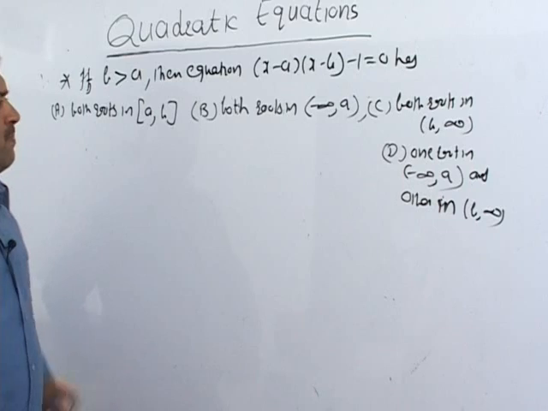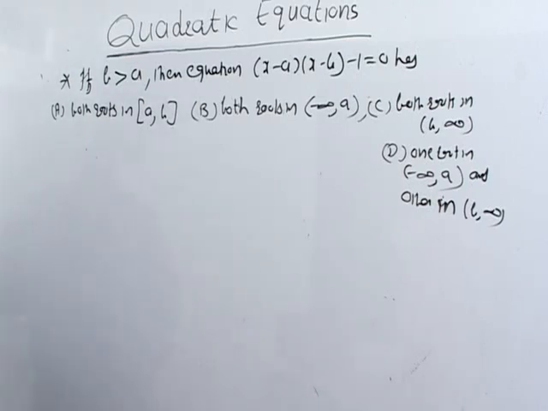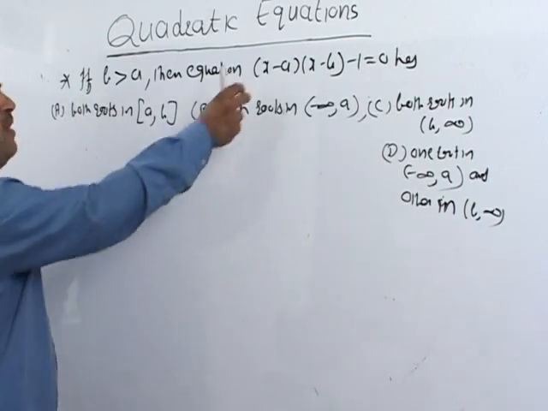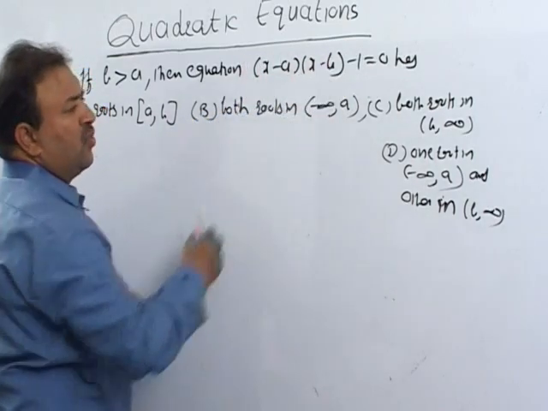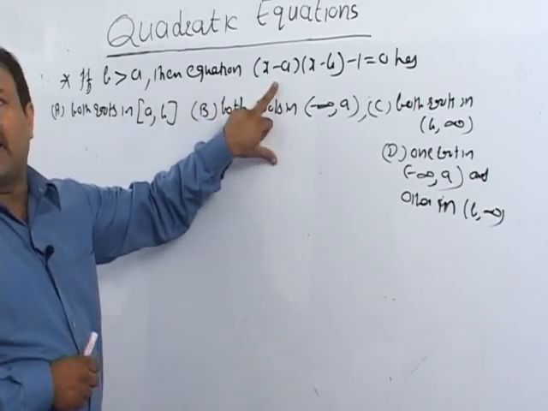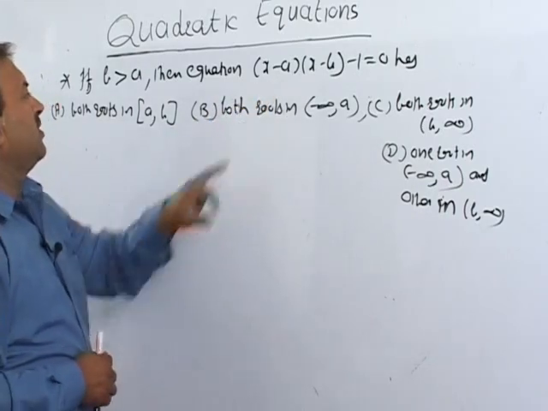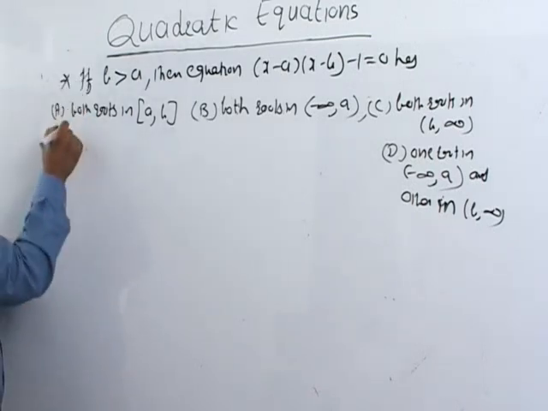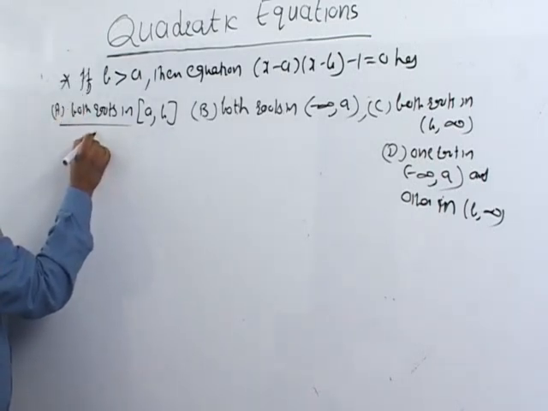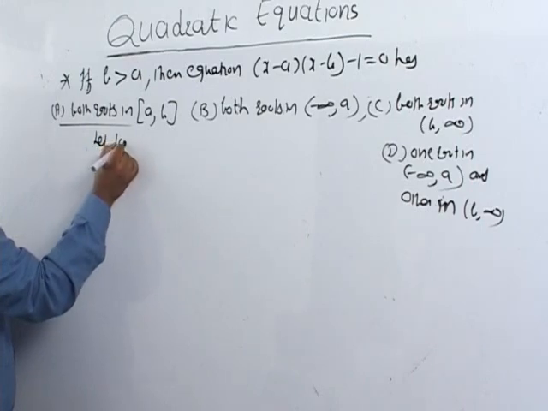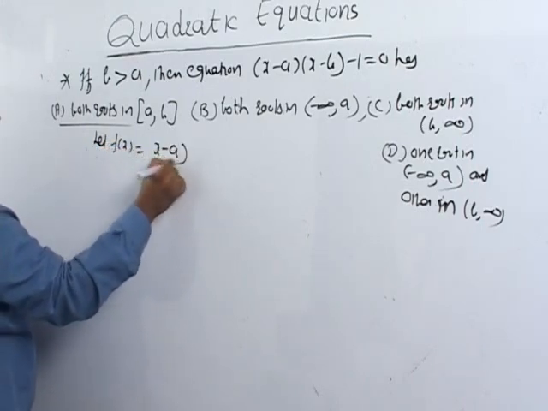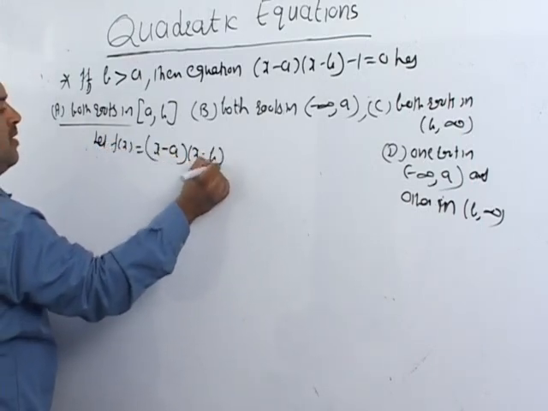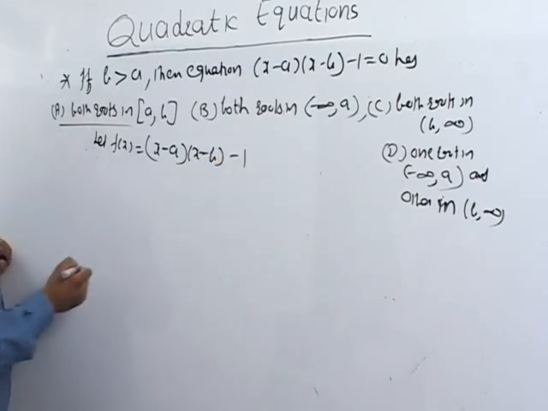See, another example of the intermediate value theorem. We have been given that b is greater than a. If we put f(b) over here, we are not going to get a 0, meaning a and b are not roots of this equation. So we take a polynomial the same way as in the last question. Let f(x) = (x - a)(x - b) - 1.